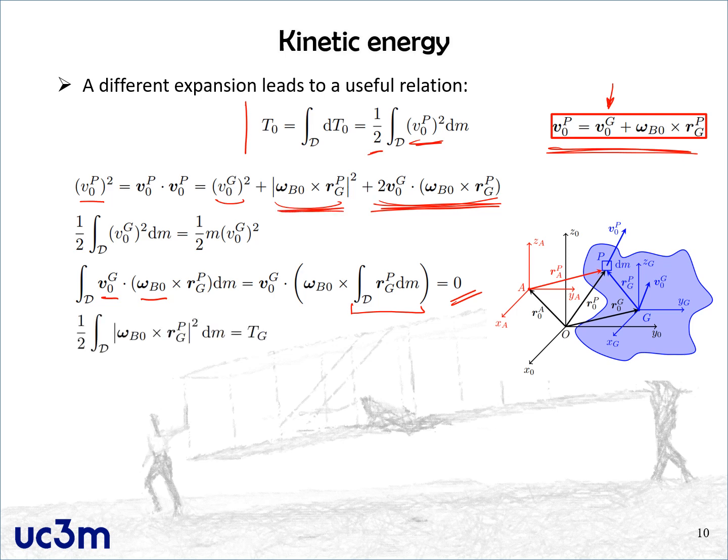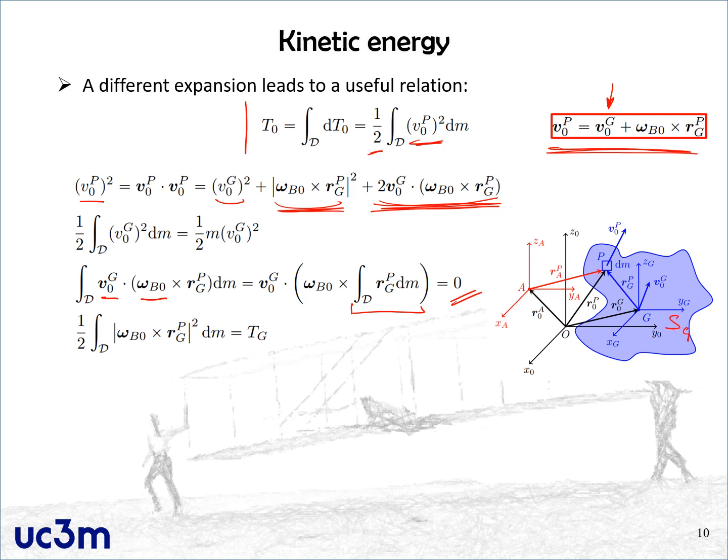And the term in the middle is the square of the cross product between omega and Rpg, which is very, very similar to the term that we had in the previous slide that eventually gave us the tensor of inertia.